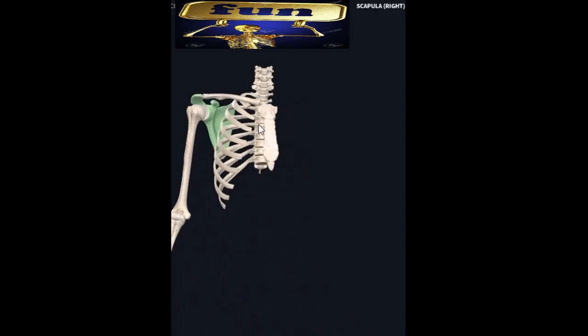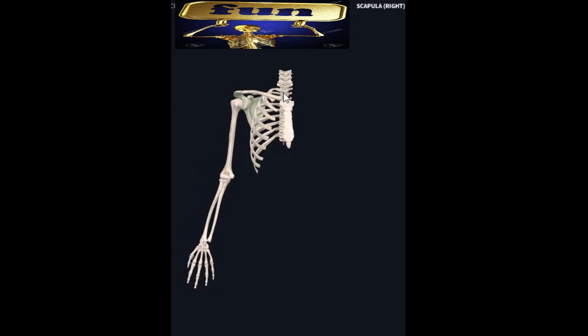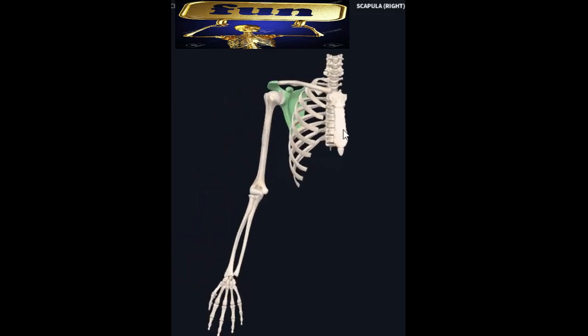Let me zoom out a little bit more and move this over a bit. So we've learned so far the sternum, clavicle, and scapula. Okay, good. The next thing I'm going to touch is this bone, which is your humerus.